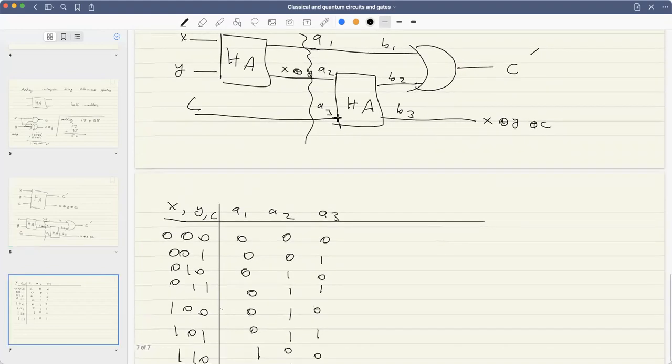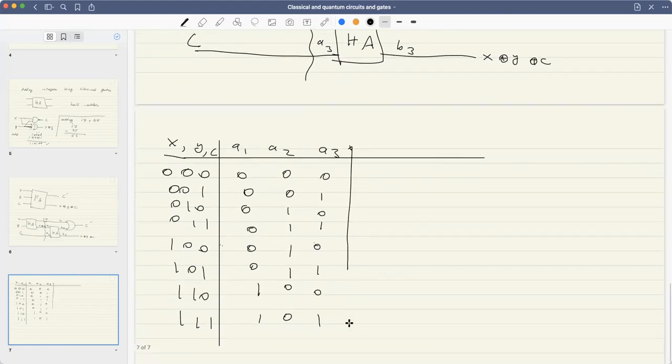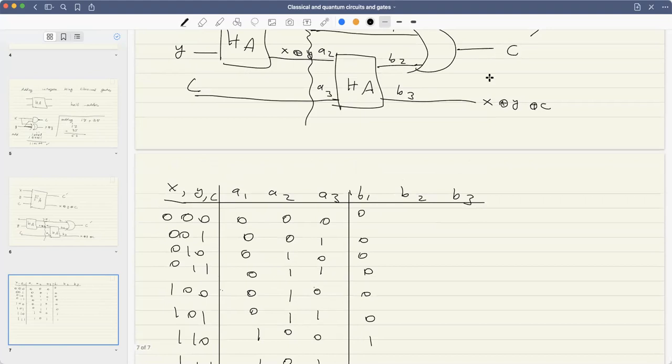Then the next step is, well, B1 is the same as A1. Nothing is happening there. So B1 is the same as A1, so we have 0, 0, 0, 0, 0, 0, 1, 1. Okay, B2 and B3, what is happening?